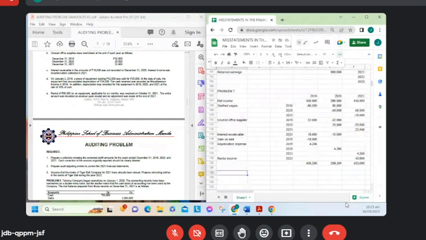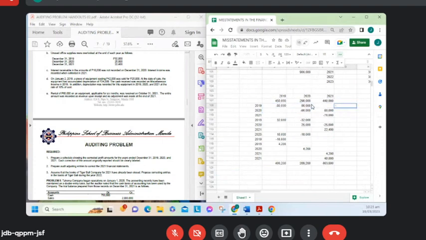So to make the correcting entries or adjusting entries, so for the omitted wages, let's put it letter A. The entry will be a debit to retained earnings, the impact on RE.